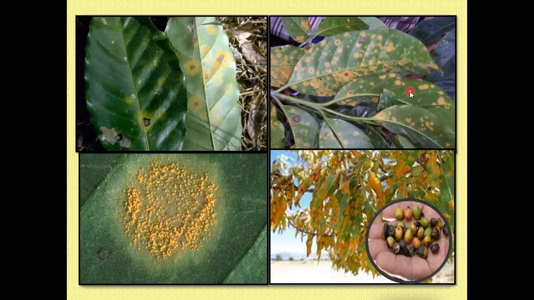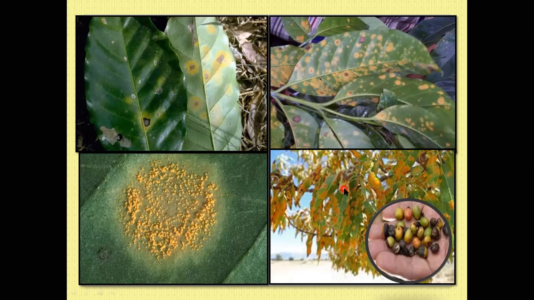So this is the infected leaf seen on infected coffee trees. In this way, the infected or diseased leaf is rapidly defoliated from such infected coffee trees.